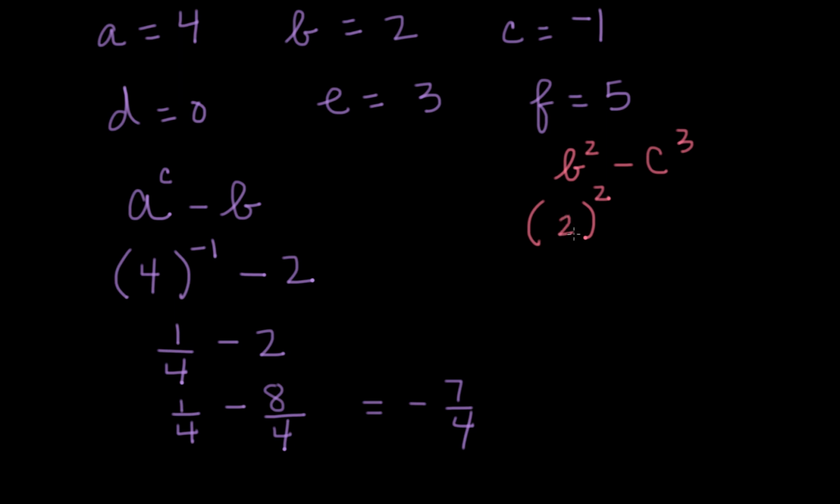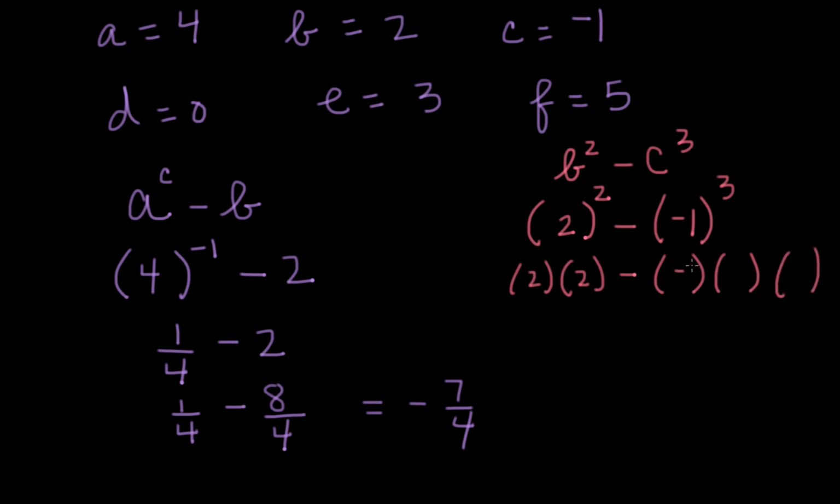B is 2, minus, open parentheses for c, and c is negative 1. 2 squared means 2 times 2, minus negative 1 is getting cubed, which means negative 1 times negative 1 times negative 1.